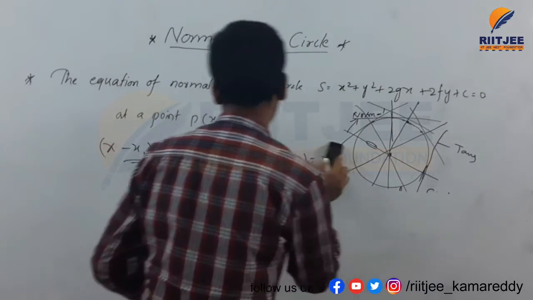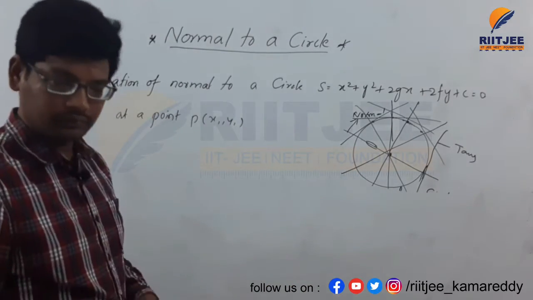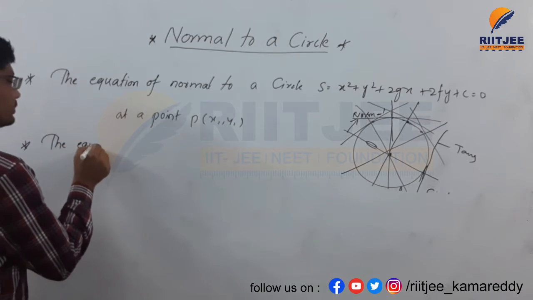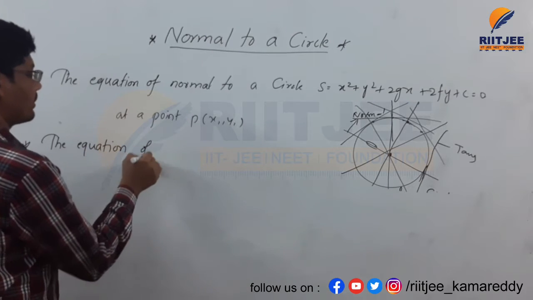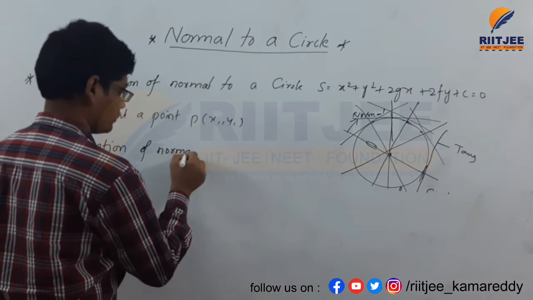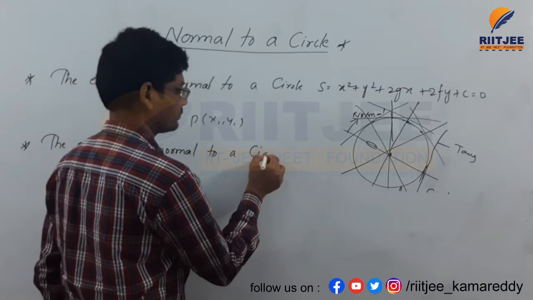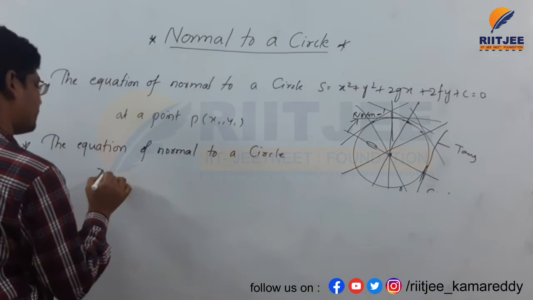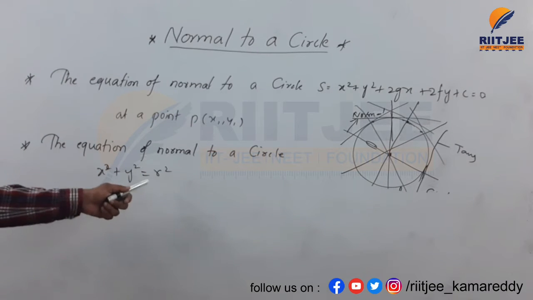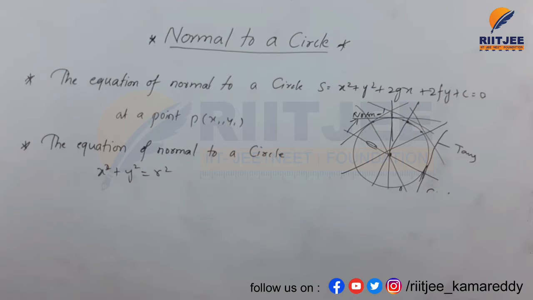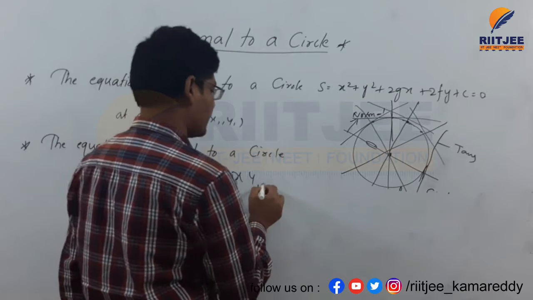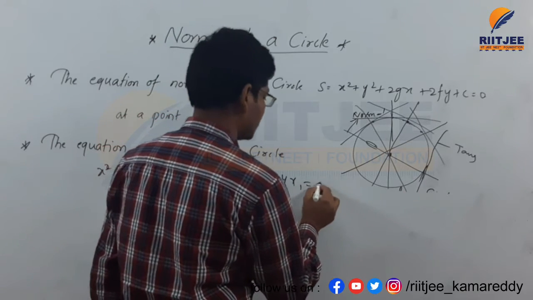And the next point is the equation of a normal to a circle. The equation of a normal to a circle, that is x square plus y square is equal to r square, is x y1 minus y x1 is equal to 0.